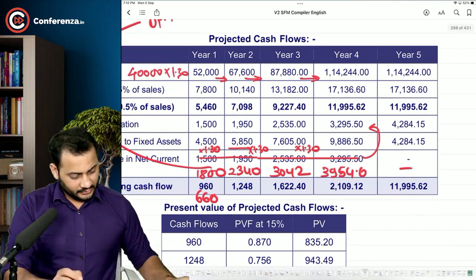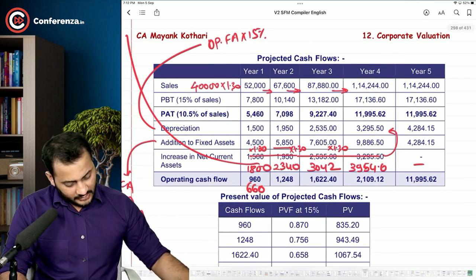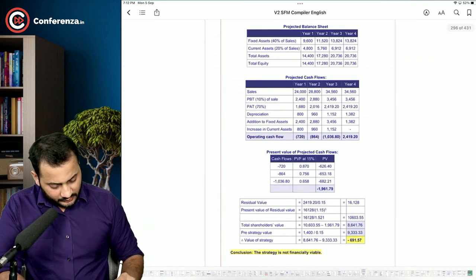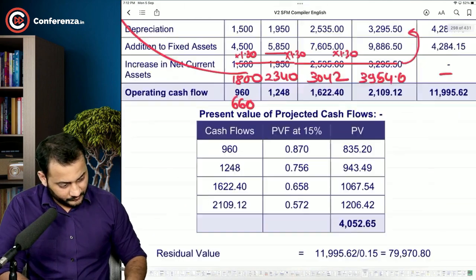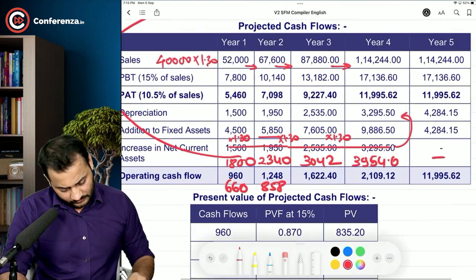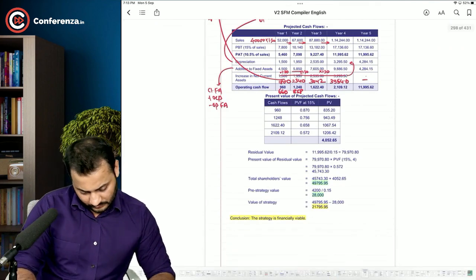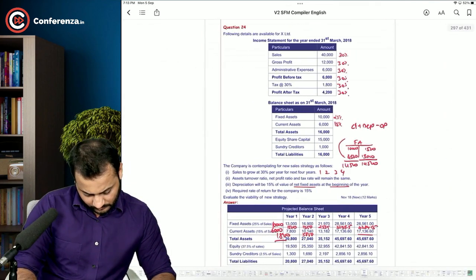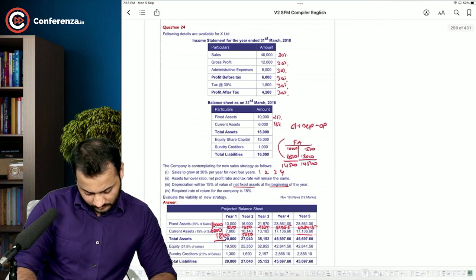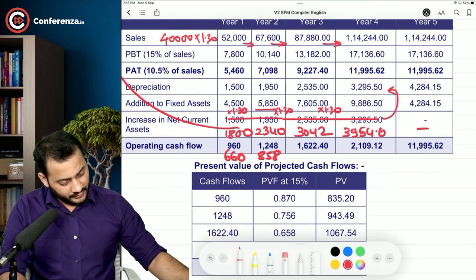Let me just write it down. 7098 plus 1950 minus 5850 minus 2340 will give you 858. Then 2535.